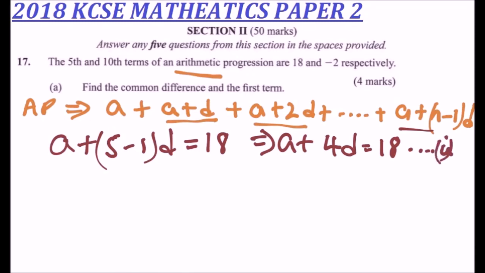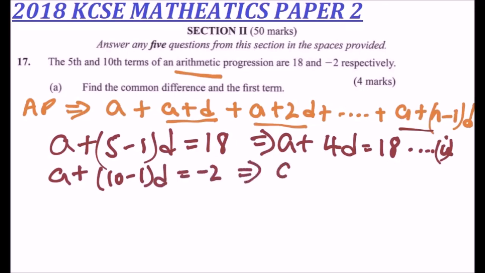Then the other one will be a plus, the 10th term, into bracket 10 minus 1 into bracket d is equal to minus 2, implying that a plus 9d is equal to minus 2, and that is our second equation. So you realize that these two form simultaneous equations, so we can put the brackets there and try to work it out.